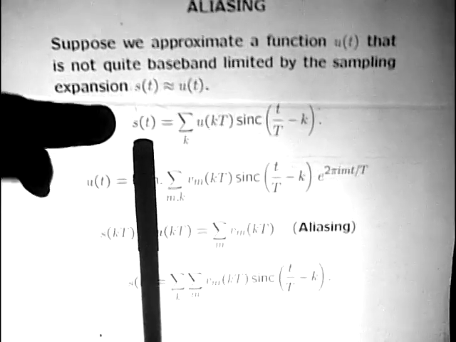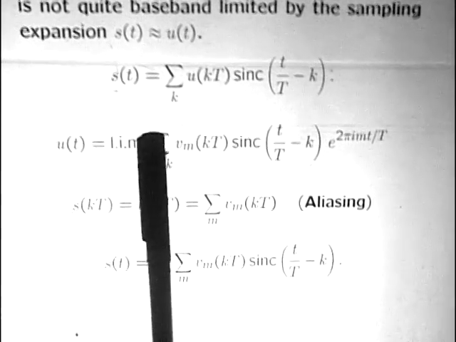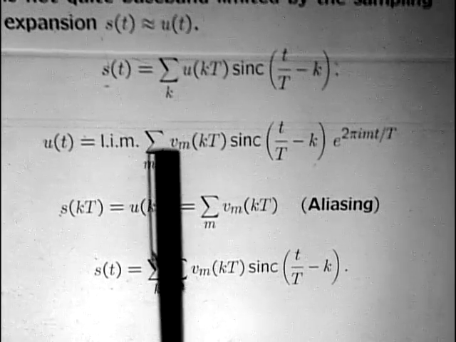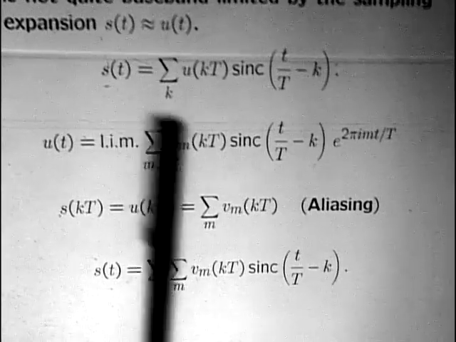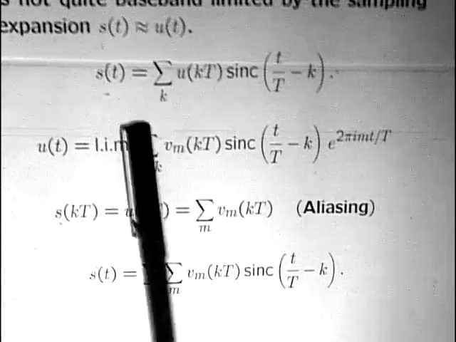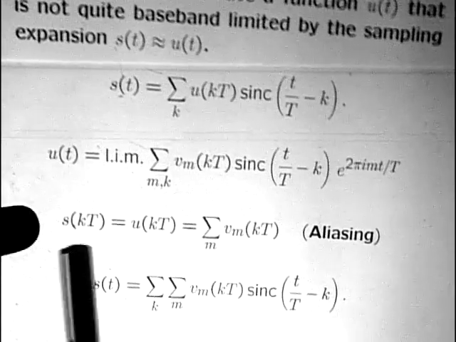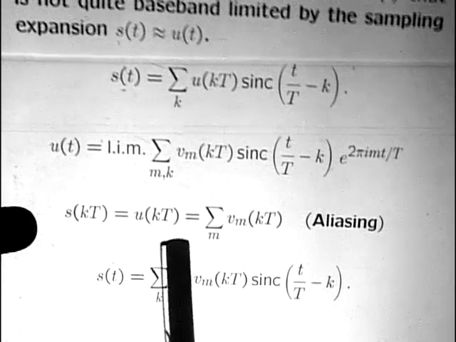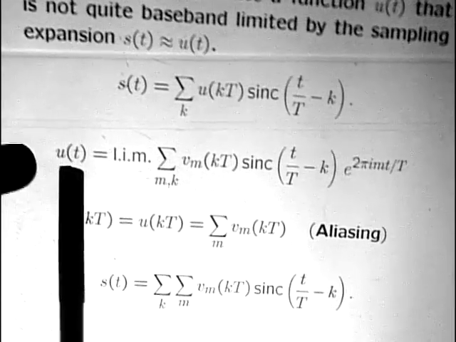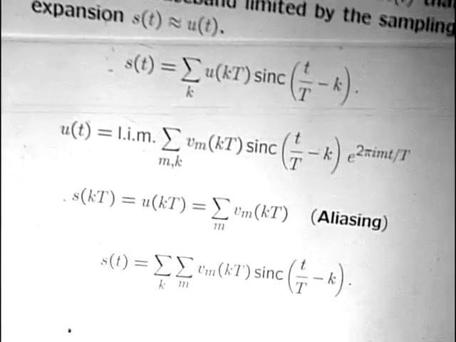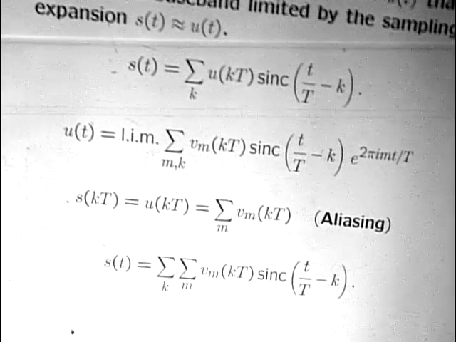Namely, what we're doing in this approximation, which is what one usually does if one samples something, is we're assuming that the approximation is correct at the sample points, and we're arranging it so it's correct at the sample points. So s of kT then is equal to u of kT from this. Okay, now take t and substitute k times capital T in here.